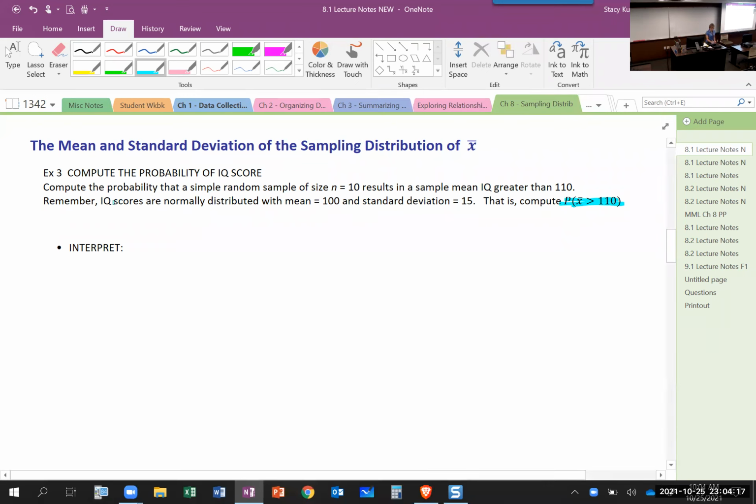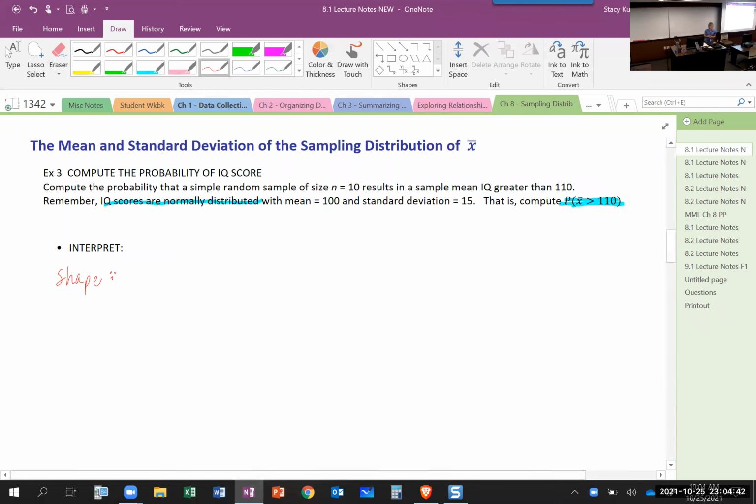First of all, we want to identify the fact that it says that our IQ scores are normally distributed. We already know this because we just played around with these numbers. But what I want you to get in the habit of doing is asking, what is this shape? We need to be able to describe the distribution before I ever go and do any calculations on it, okay?